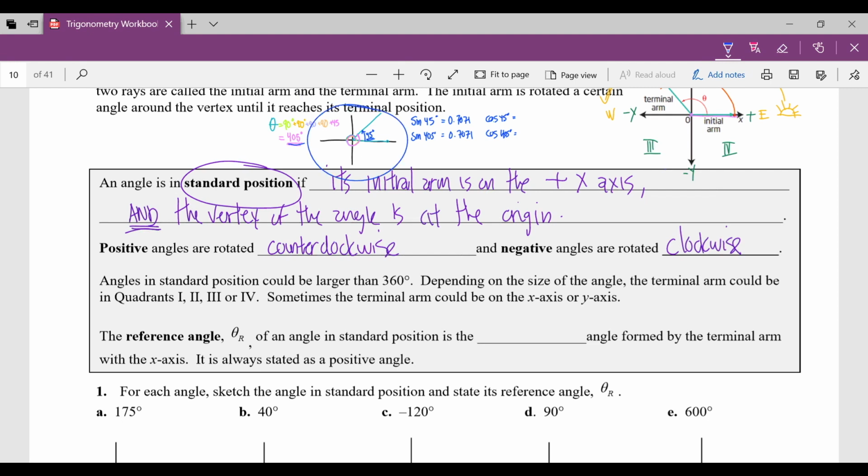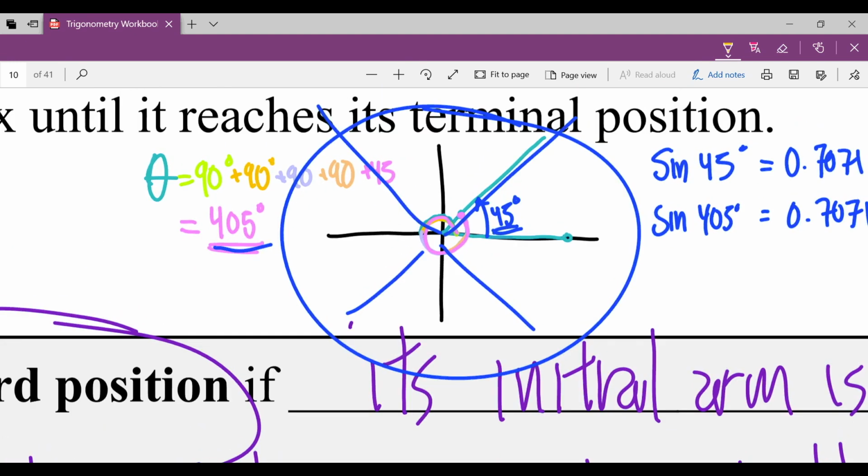Depending on the size of the angle, of course, the terminal arm could be in any quadrant. It could end up in quadrant 1 as it did here, but you can imagine a situation where it ends up in quadrant 2, quadrant 3, or quadrant 4. And so now the acute angle that's created in every case, regardless of what quadrant you choose to rotate the terminal arm into, the acute angle between the terminal arm and the x-axis seems to be special and seems to be related to that angle there, 45 degrees in this case.